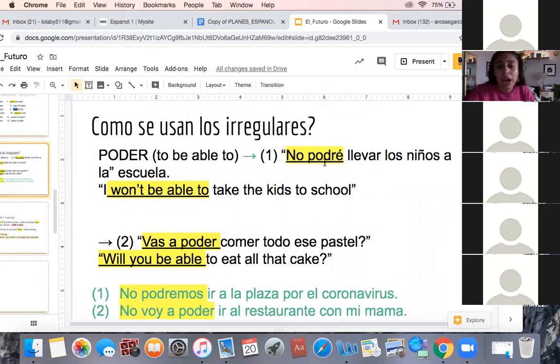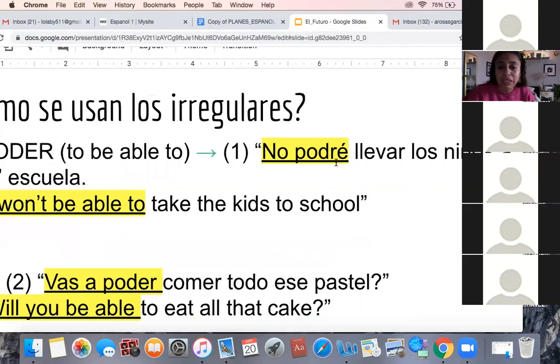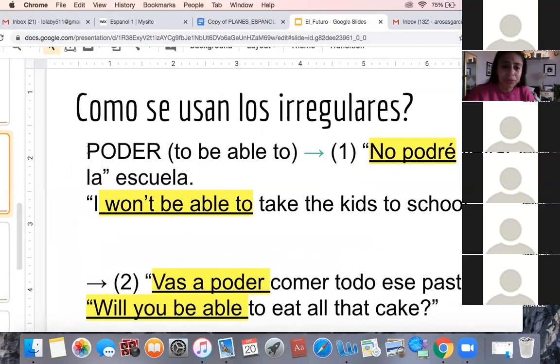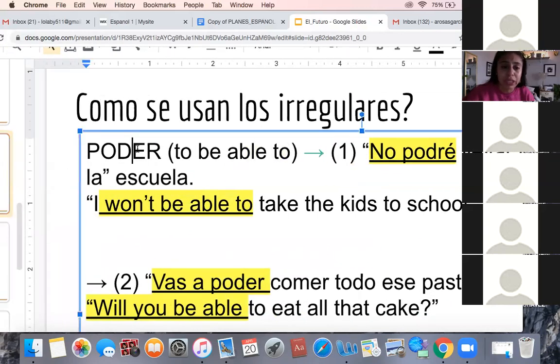Entonces, I put an example of how it's conjugated. Podré, like if you want to conjugate it, yo podré, tú podrás, él podrá, etc. You guys already know that. And so this is one way in which you can do it. And I told you that it's super easy to figure out the spelling because literally what you do is you take out the vowel.